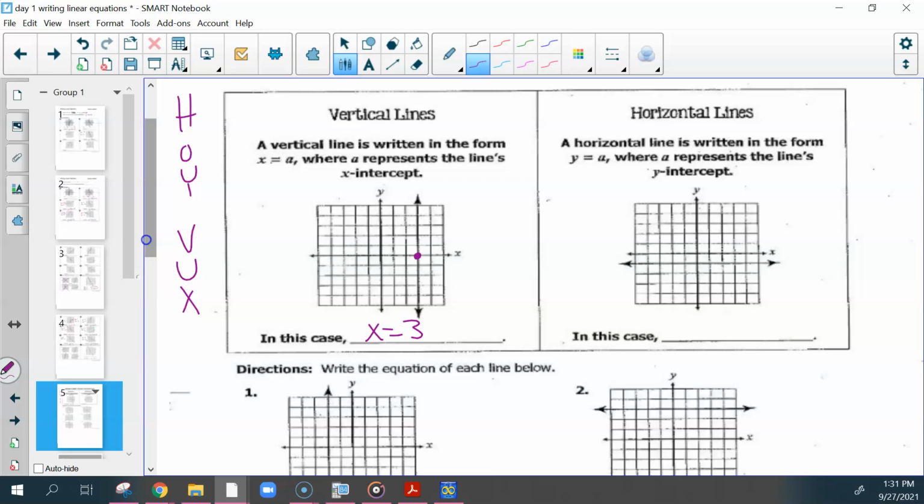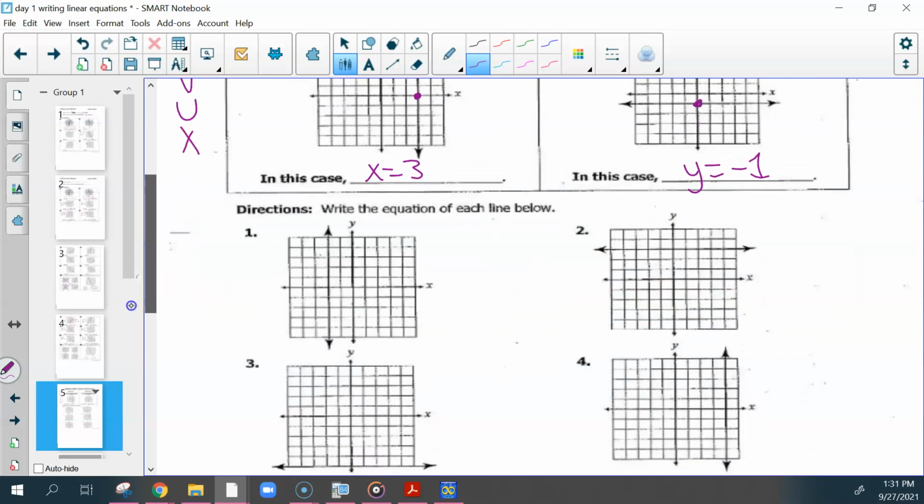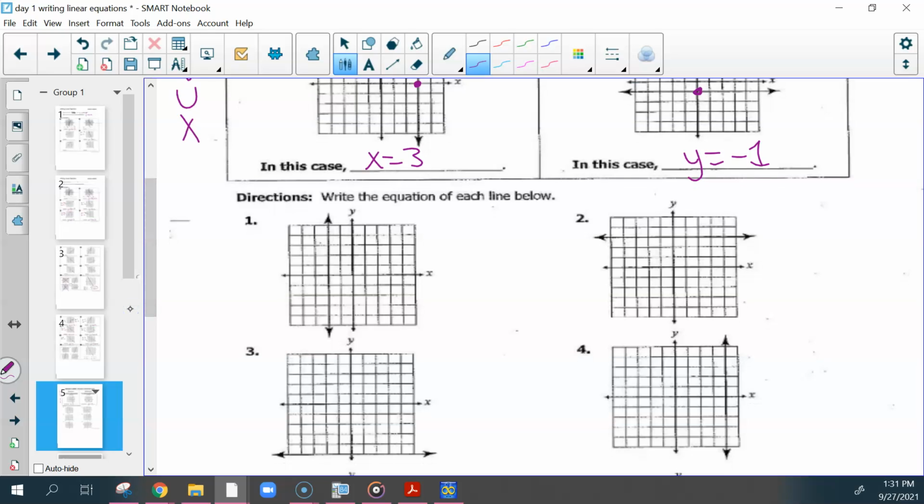If you have a horizontal line, look at where it crosses the y-axis. This is going to be a y equals, so this will be y equals negative 1. We'll do 2 more together, then I'll give you the next 2 others.